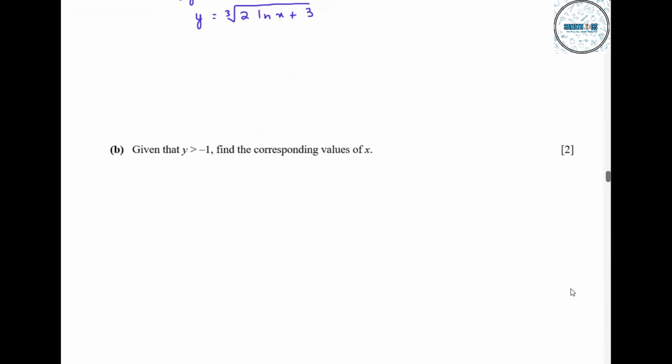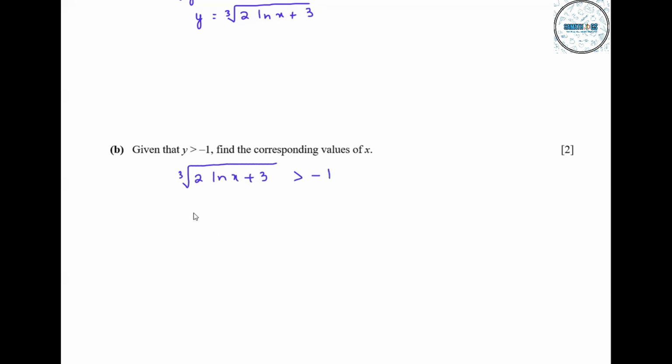Part B. Given that y is greater than minus 1, find the corresponding values of x. So if y is greater than minus 1, it means that cube root of 2 ln x plus 3 is greater than minus 1.